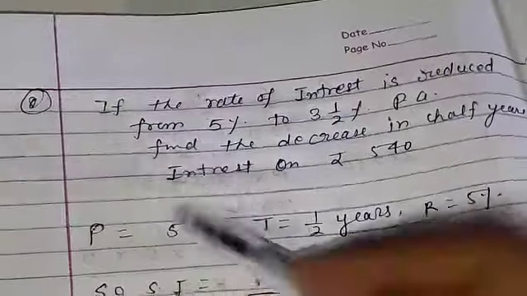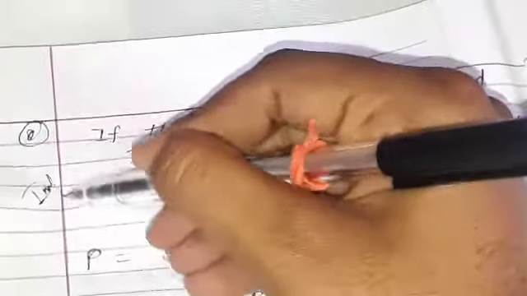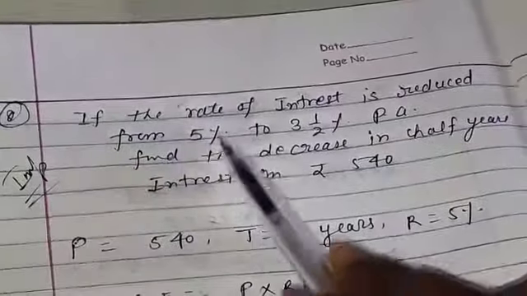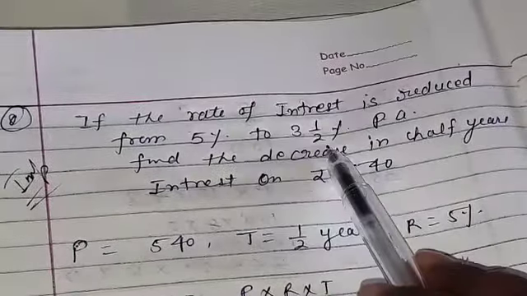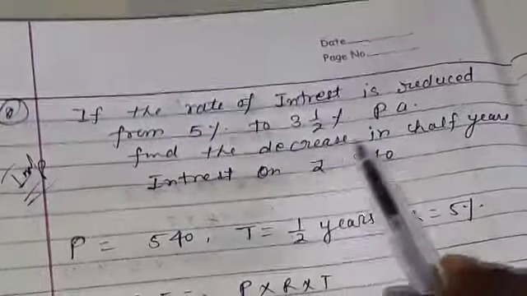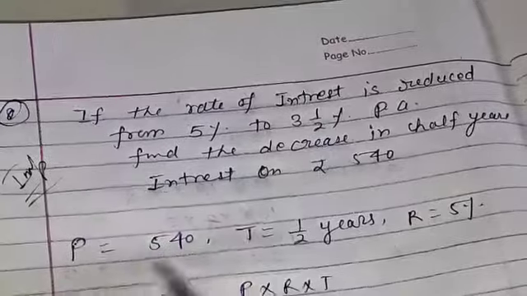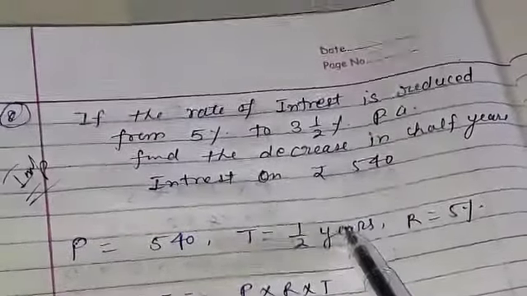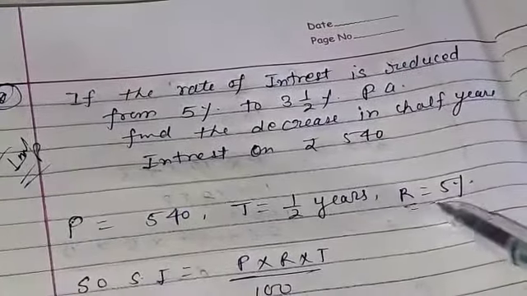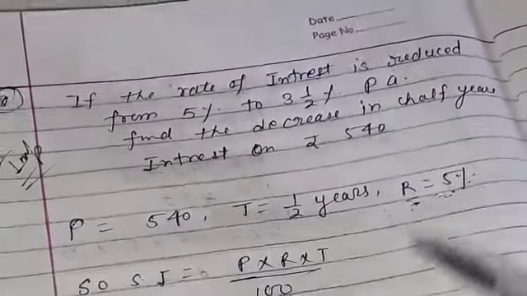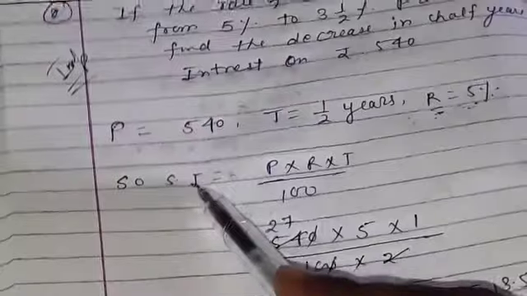Now class, this is an important question. If the rate of interest is reduced from 5% to 3 complete 1/2% per annum, find the decrease in half year interest for rupees 540. So P is 540, T is half year, and first they gave you 5%. So first we will discuss the 5% rate of interest. SI equal to PRT upon 100.